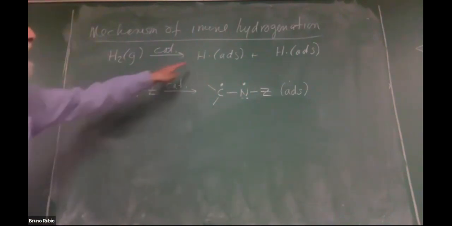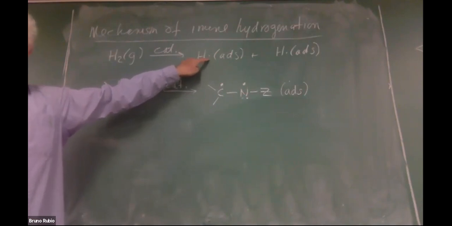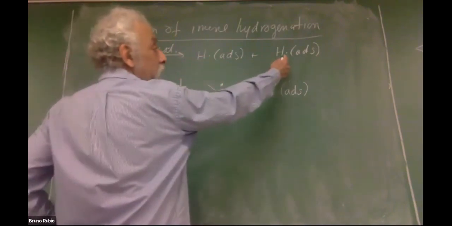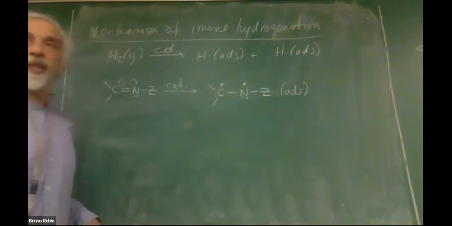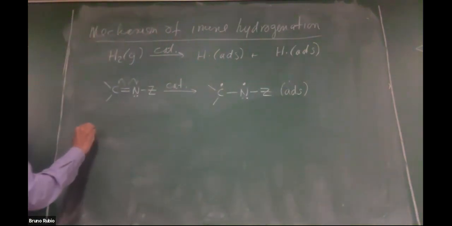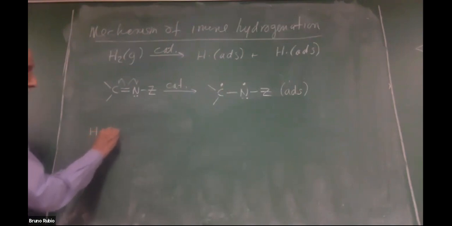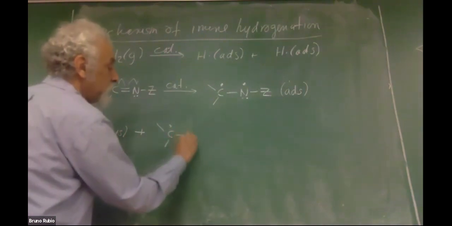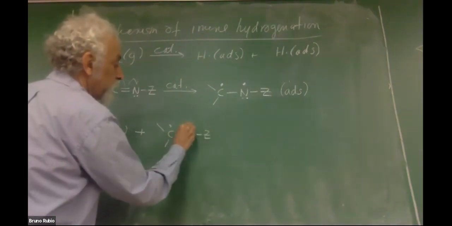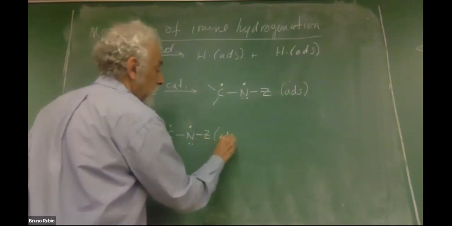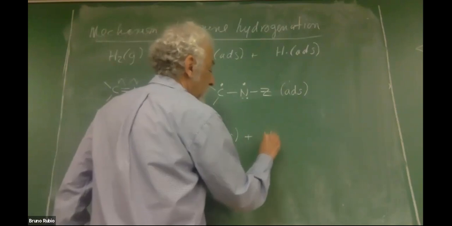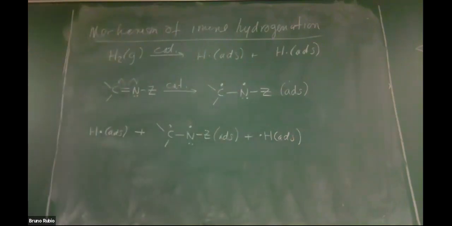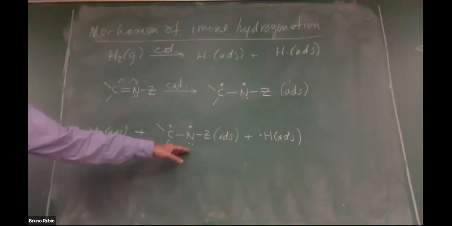And so now what happens is that the dot from one of these adsorbed hydrogens teams up with the dot of the carbon, the other hydrogen and its dot team up with the dot of the nitrogen, and so now everybody's happy. So you have a hydrogen adsorbed interacting with the carbon atom of the adsorbed imine, and the other hydrogen interacting with the dot on the nitrogen of the adsorbed imine.